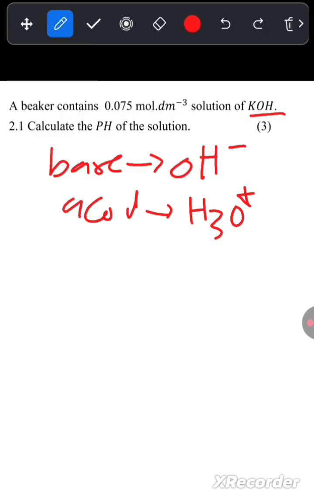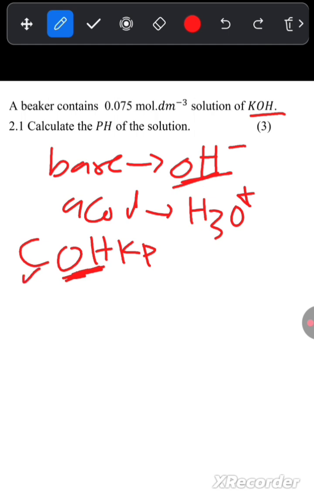For a base, when we calculate the pH, we use COOK. You cook. Right. So now, check. You see, OH is for base. So this is the concentration of the base. This will be the concentration of OH minus. Then this is the Kw formula. And this is the pH formula. Right? So let's follow it.